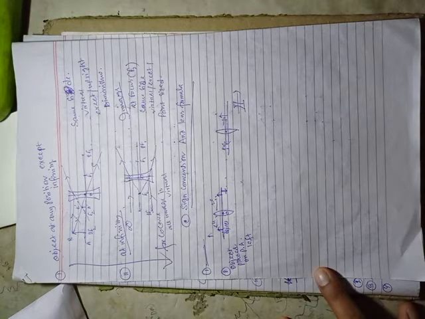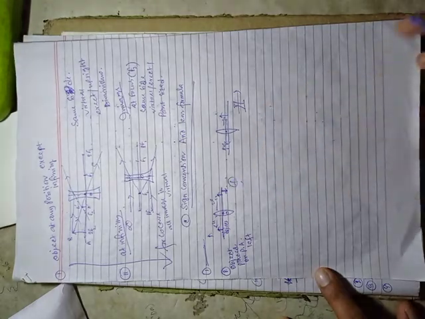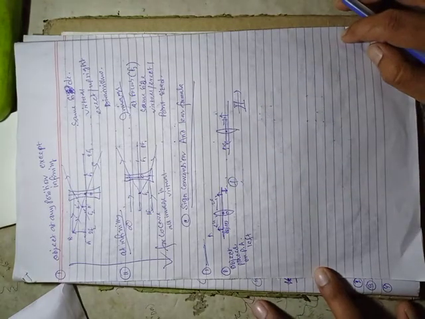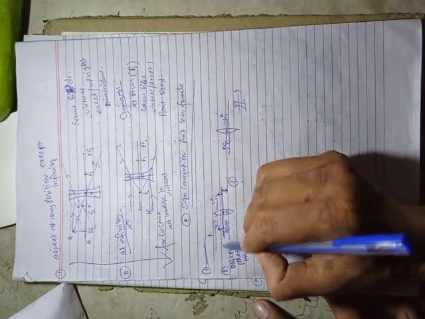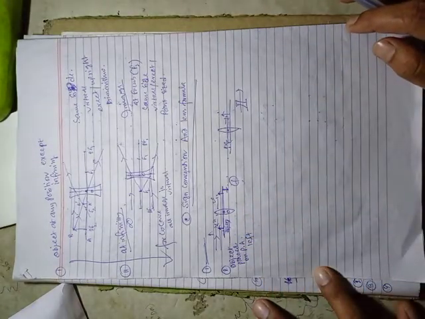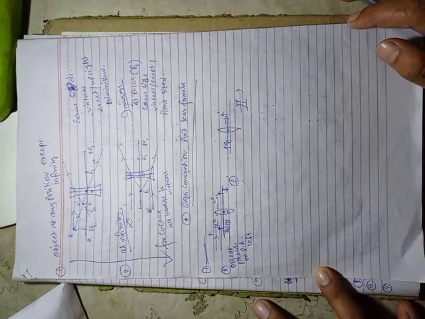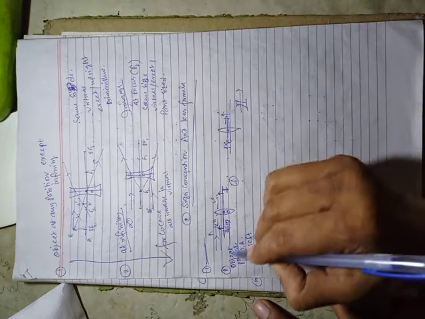The distance of the second focus, the focal length of the lens, is denoted by f. Just remember, focus is denoted by f. And the next rule: distances measured in the direction of the incident ray are always taken positive. Suppose a light ray falls from this side; the distance measured in the direction of the incident ray is always positive, while the opposite of the incident ray is taken as negative.